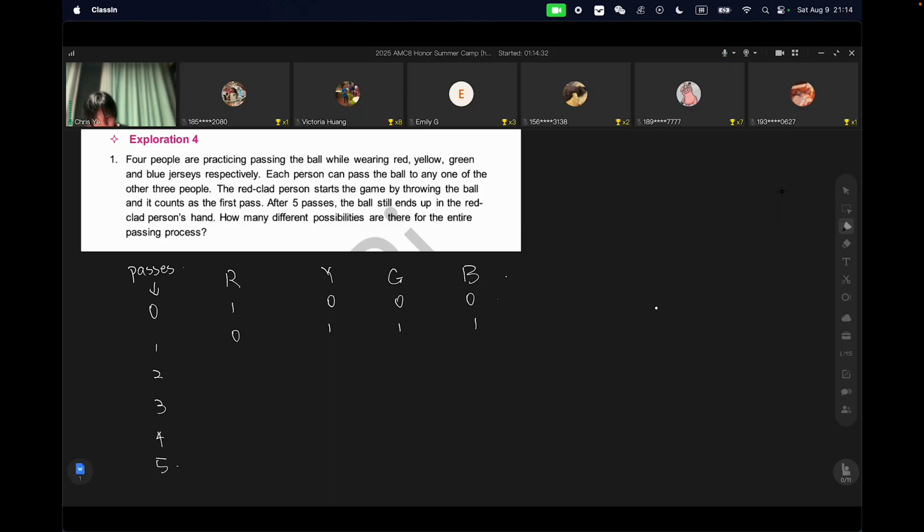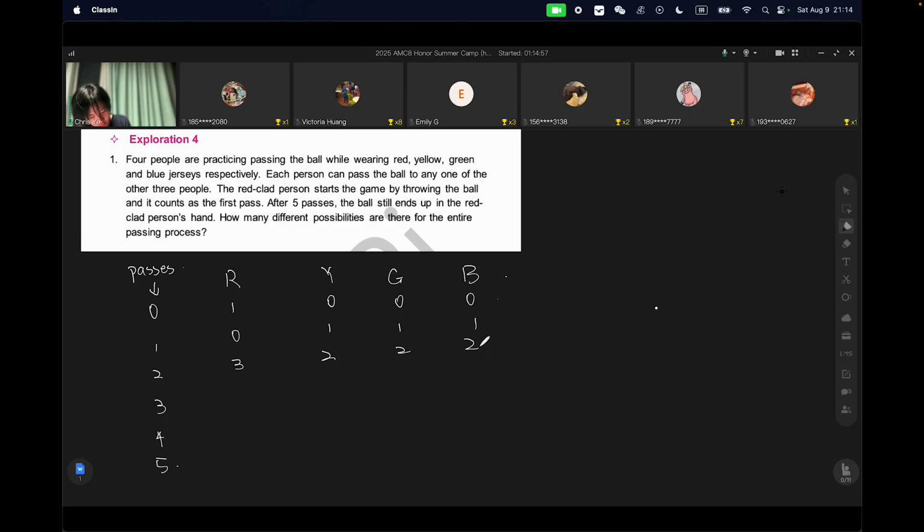Now the other 3 people can all pass it on to red. So red now has 1 plus 1 plus 1 equals 3. For the other 3 people, there are only 0 and 1 and 1 that are not them, so it will be 1 plus 1 for each of those people, and we have 2.